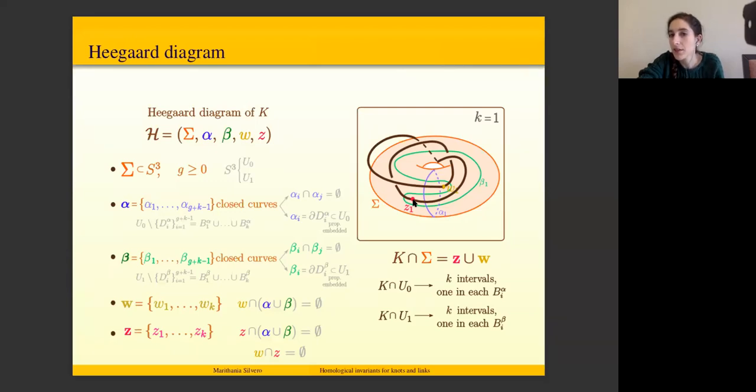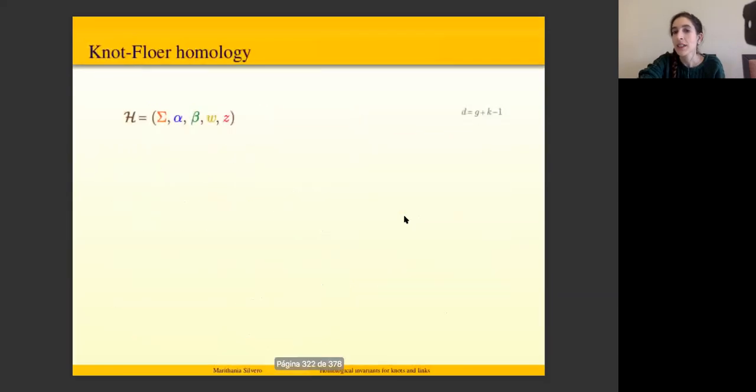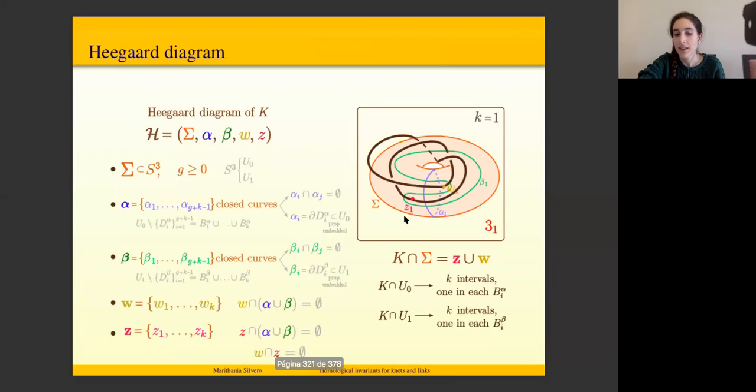This is the knot. This is a Heegaard diagram of this knot, the brown knot that I drew here, and this is the trefoil knot. If you just forget about the rest of the stuff, this was the trefoil knot. And yes, that is a Heegaard diagram of the trefoil.